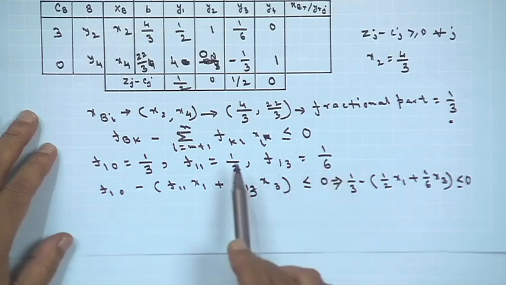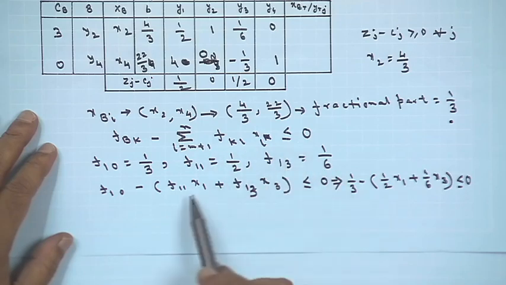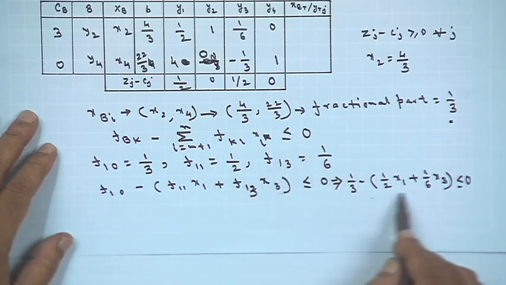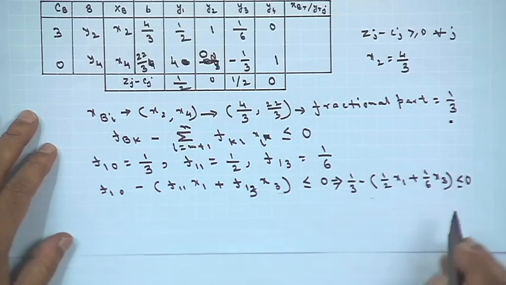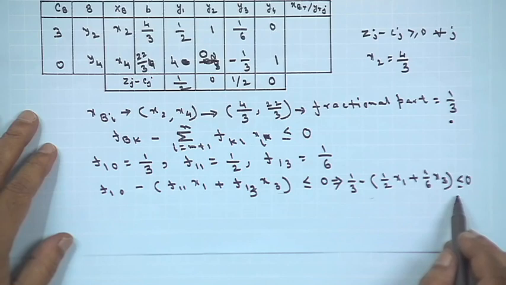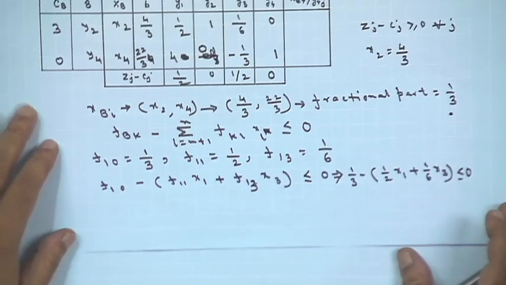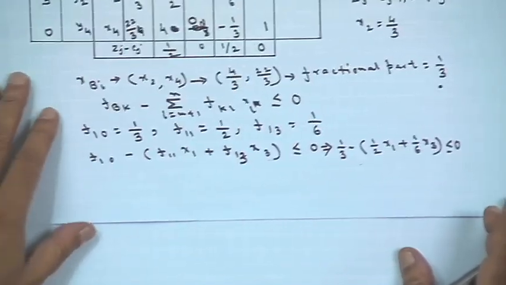So, this inequality can be written as this. From here we are getting this less than or equal to 0. Now, this constraint I will make an equality constraint by applying the Gomorian slack variable, and I will reconstruct the table from here.